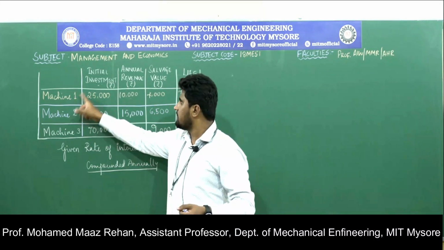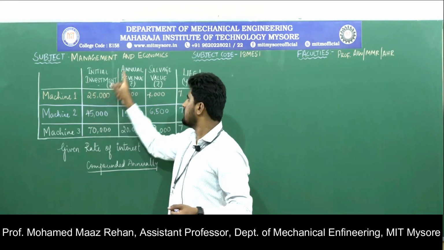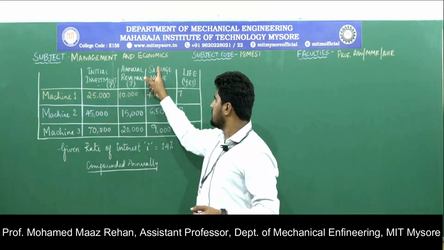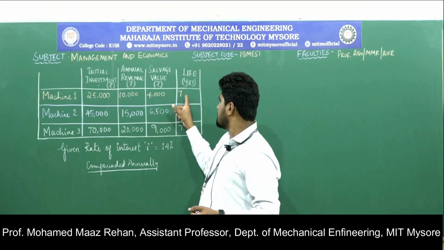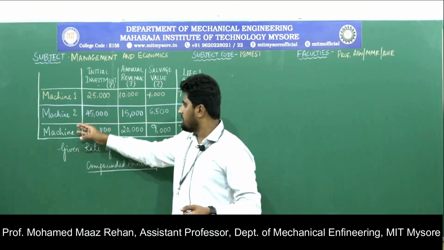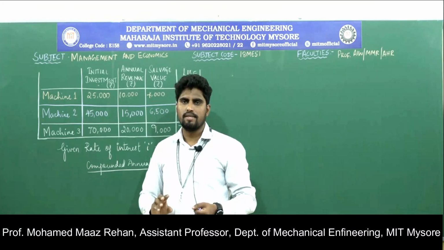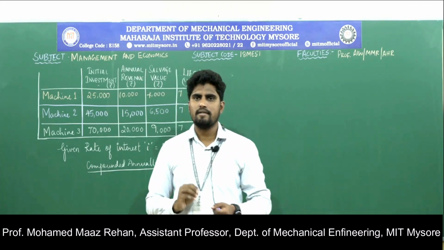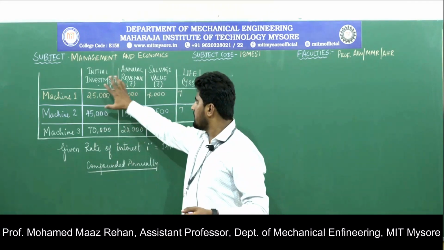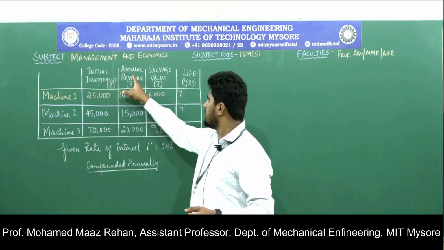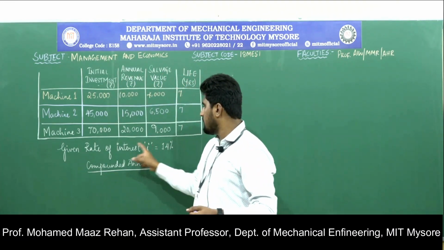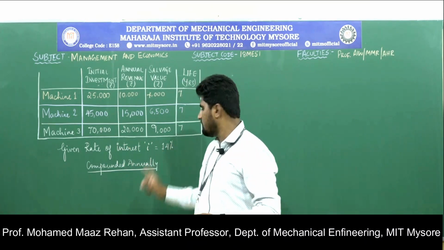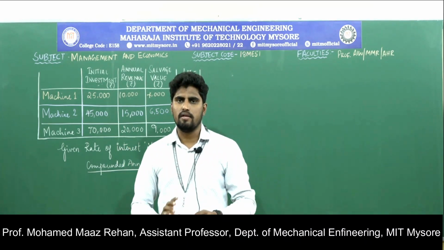For machine 1, the initial investment is 25,000, annual revenue is 10,000, salvage value is 4,000 and the number of years is 7 years. In a similar way they have given for machine 2 and machine 3. They have also given the rate of interest as 14% compounded annually.